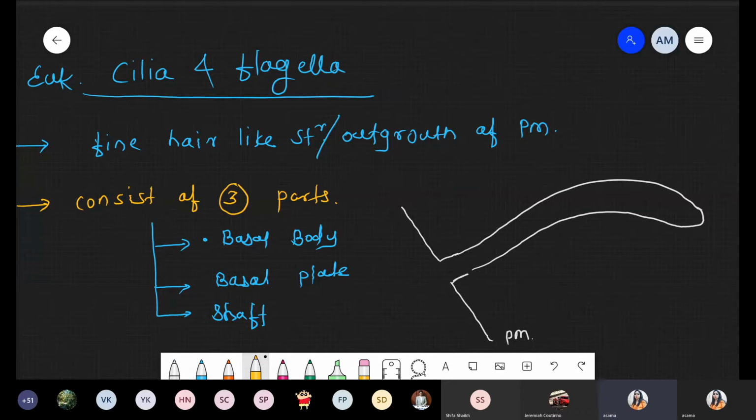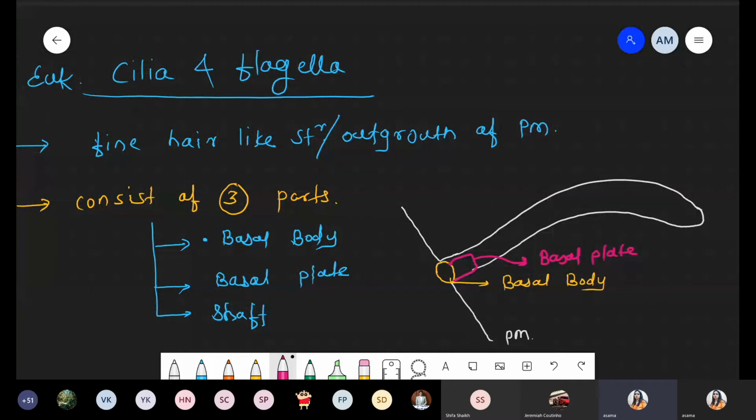Now that flagella structure consists of a total of three parts. Here there is a presence of basal body. Above the basal body, at this portion, there is the basal plate, a plate-like structure.